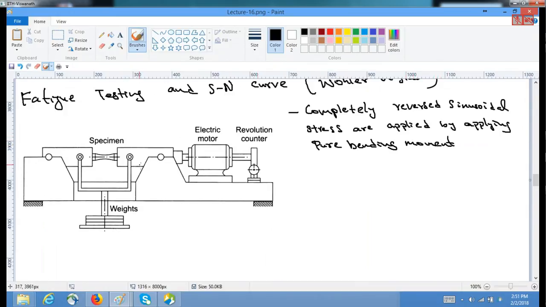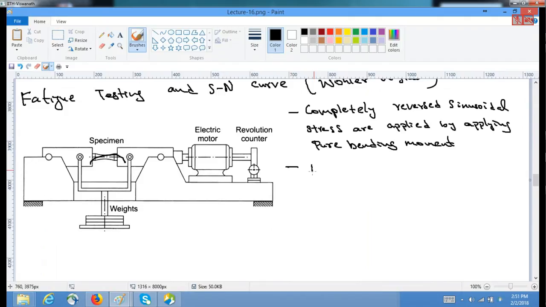There are machines which can even apply torque, especially if you're keeping a transverse weight. This will result in pure bending, so it would be bending in this form. These weights are used to create the loading, but there are alternative machines which create a torque. So these specimens can also be subjected to shear loading, and in this case, with the transverse weights, it will create a pure bending moment.